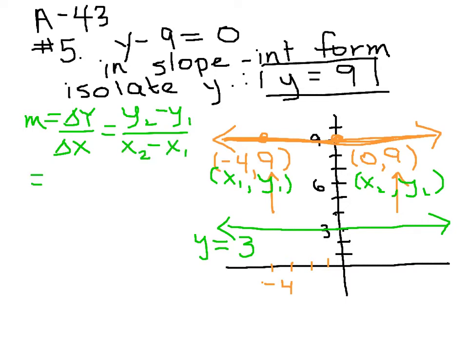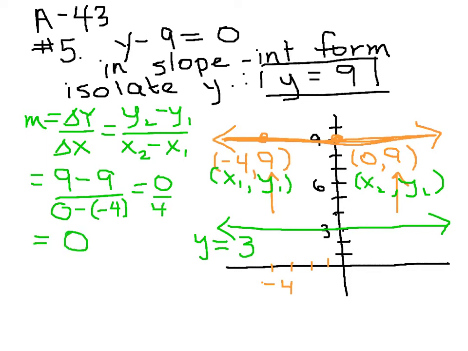So that gives me 9 minus 9 over 0 minus negative 4, which gives me 0 over 4, which of course is equal to 0. So if my slope is equal to 0, then a parallel slope is equal to 0 as well. And that takes care of that problem.